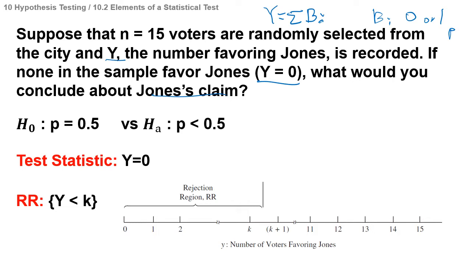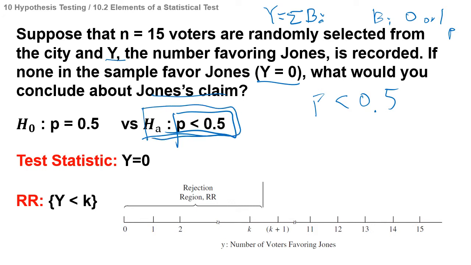Let's say that Jones' claim is that less than 50% of people favor Jones. So the investigator's belief goes to the alternative hypothesis.